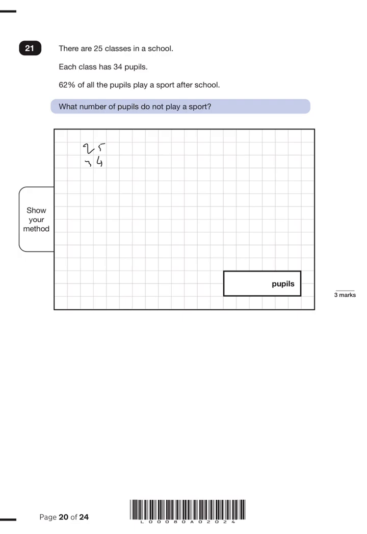I'm going to show you a method of multiplication which you may or may not have seen before. 25 times 34. I'm going to draw a box here and some lines. I'm going to draw some diagonal lines through the boxes and out.